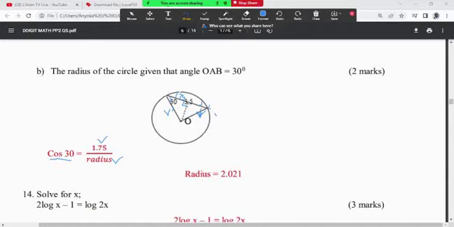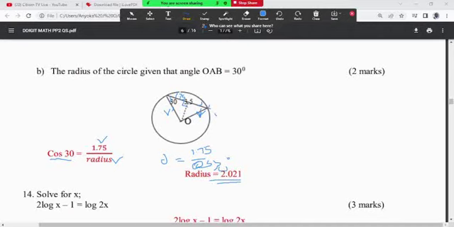So evaluating this with a calculator, we get radius is equal to 1.75 divided by the cosine of 30. And the cosine of 30 gives us 2.021.